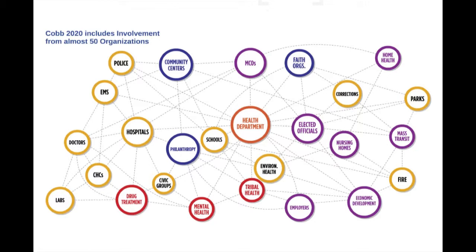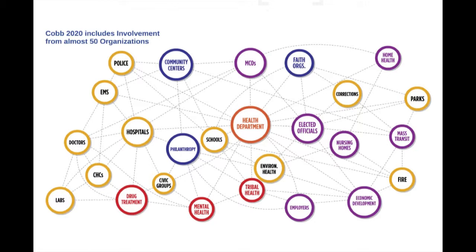But we took the premise that not only do you want to have people where you have some history with them and can count on their work and their involvement, but you also need to be strategic about the people that you bring to the table. So this chart helped us to pull people from local government, from our large school system, which serves about 100,000 students, from local cities, from hospitals, from private providers, all the folks in the community that might have an interest and a say in the community's health.